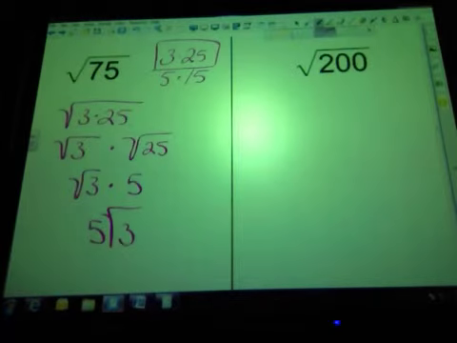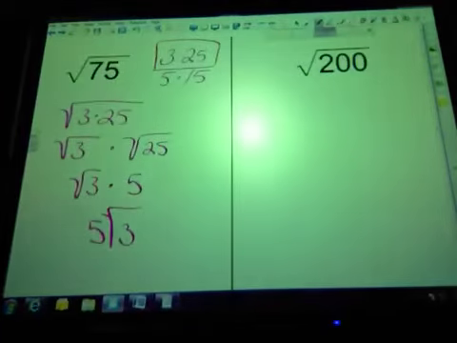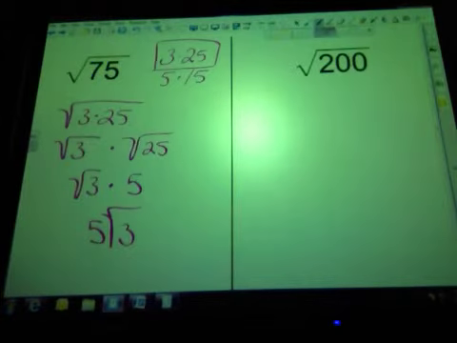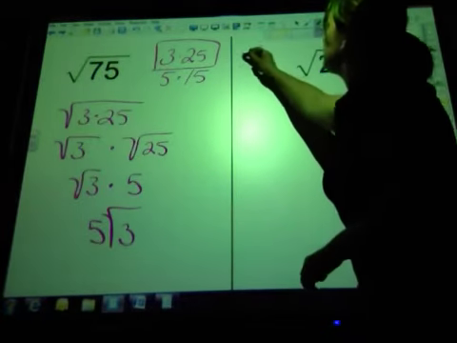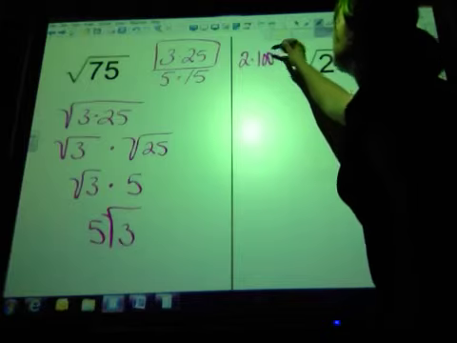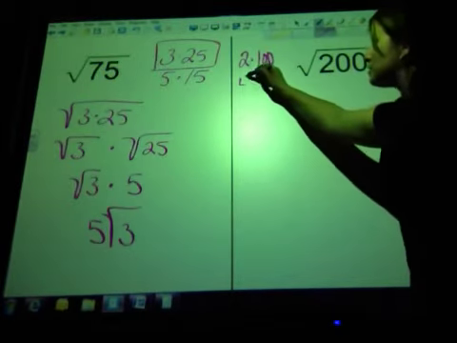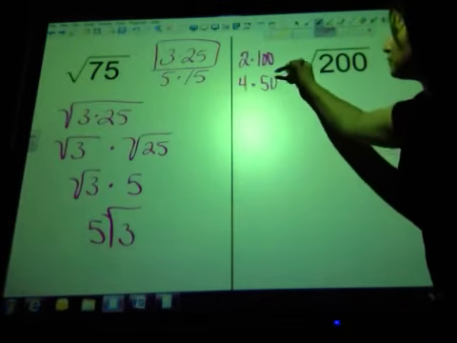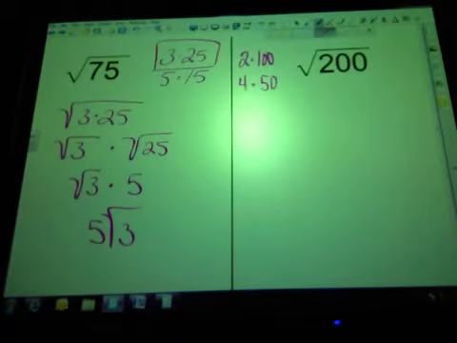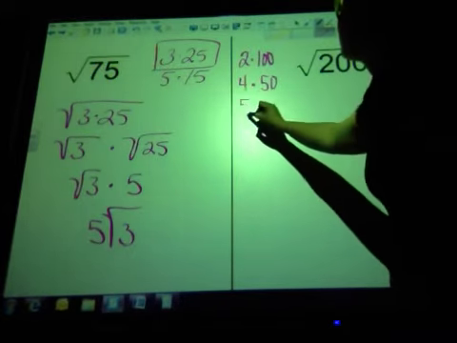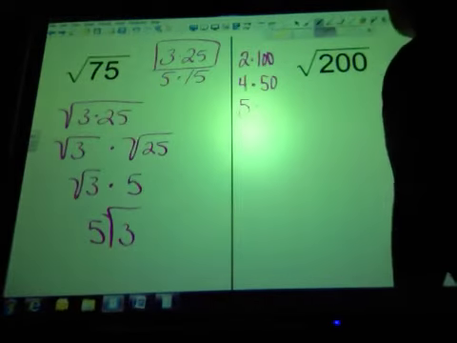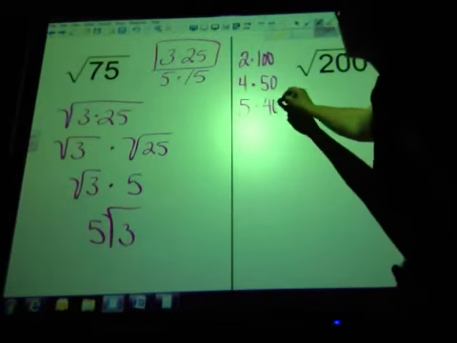On the right-hand side, I have a 200. Well, last time when I was doing this, 100 worked out well for me. I could do 2 times 100. I could do 4, it's another square number, times 50. I could do 5 times 40.